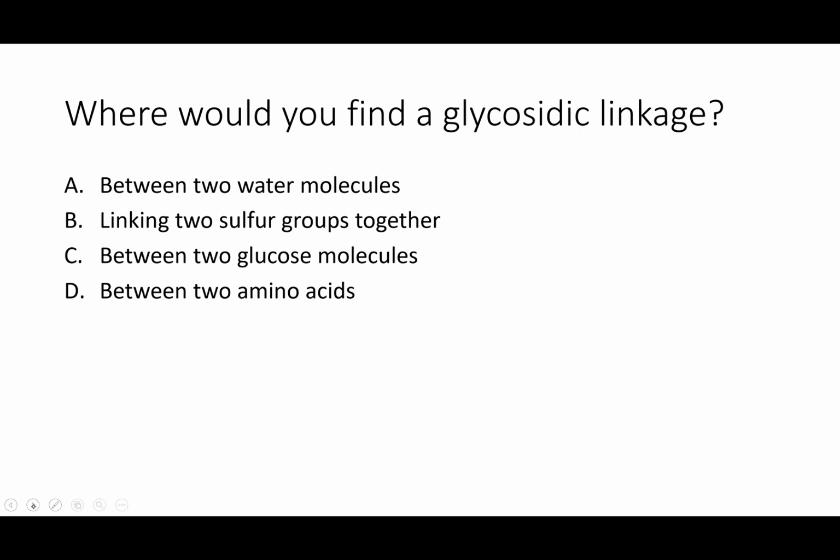Hydrogen bond. Okay, why do we think hydrogen bonds? 2 sulfur groups together. The disulfide bridge. 2 glucose molecules. Glycosidic. Glycosidic looks kind of like glucose. That's going to be our answer. What kind of bond holds 2 amino acids together? That's a peptide bond.